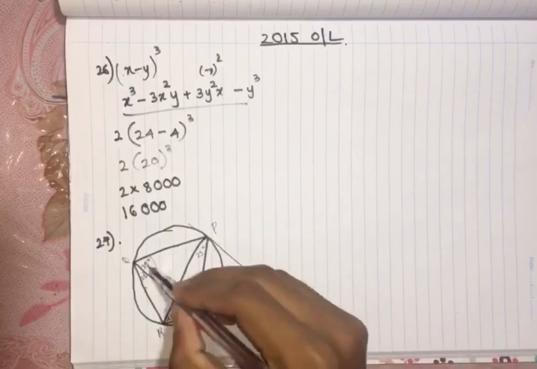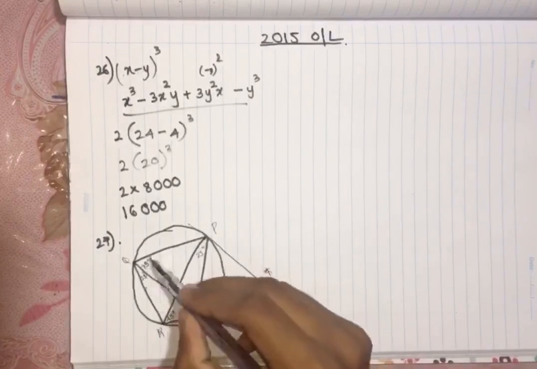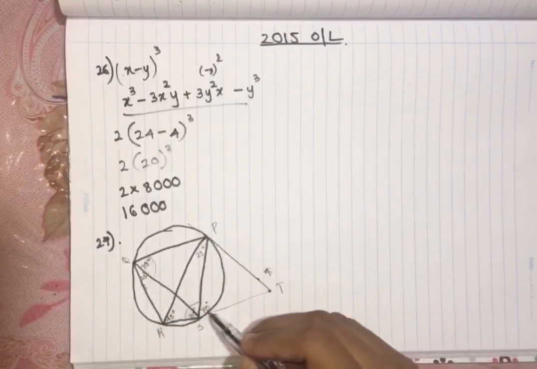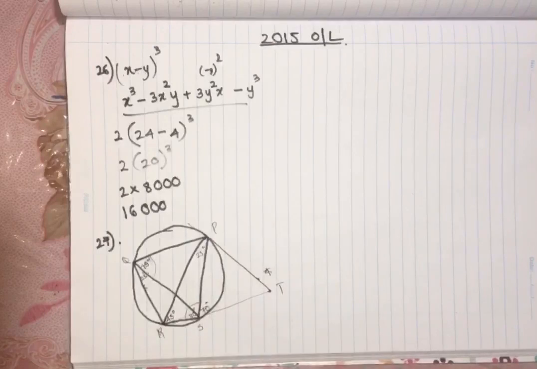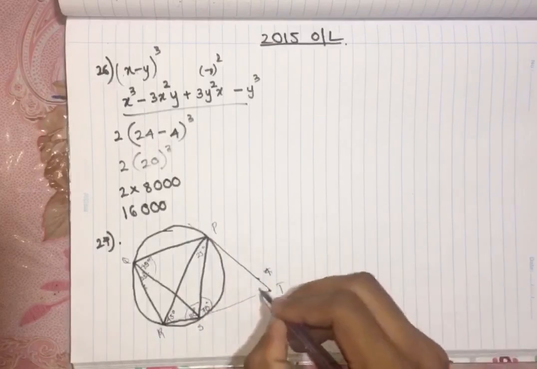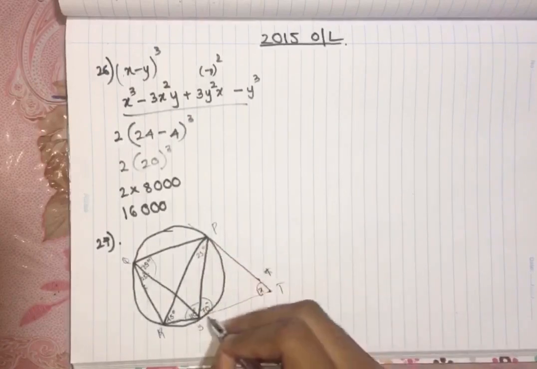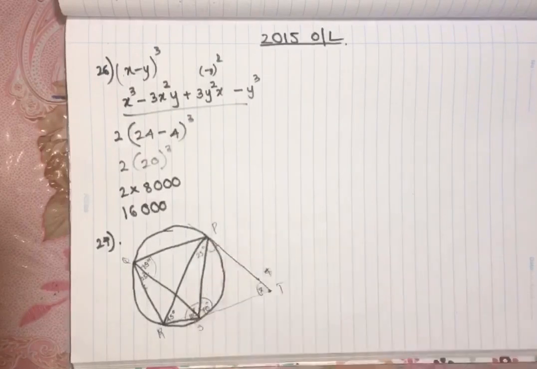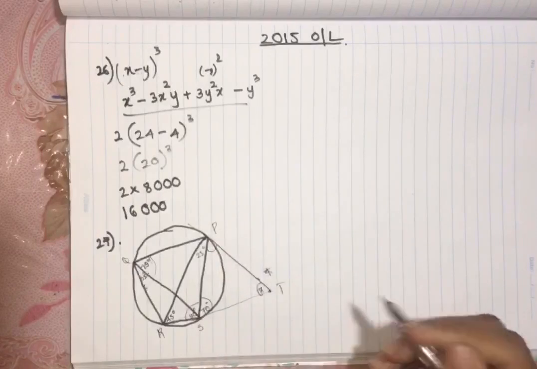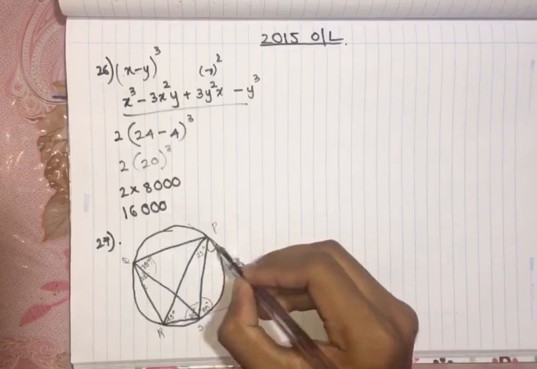Okay, there is a theorem for this. This angle should be equal to the opposite angle. Okay, so this is 70. Now this is x. Now this is a triangle, right? So you know 70, you should find this angle. Okay, now here there is a theorem. You can find this angle using the theorem.